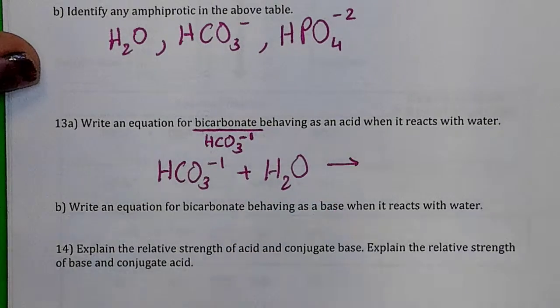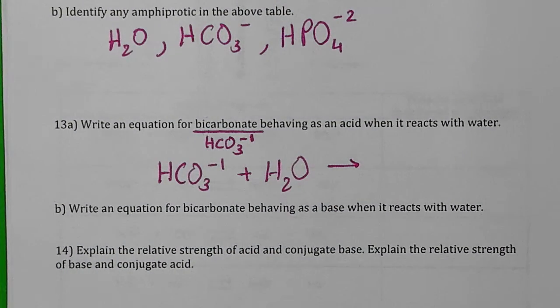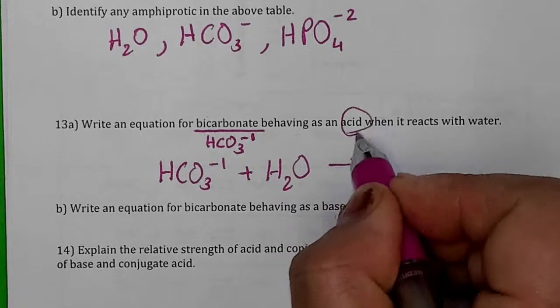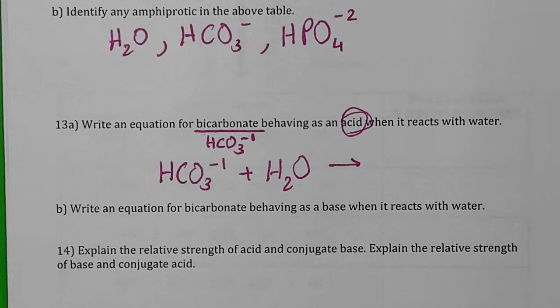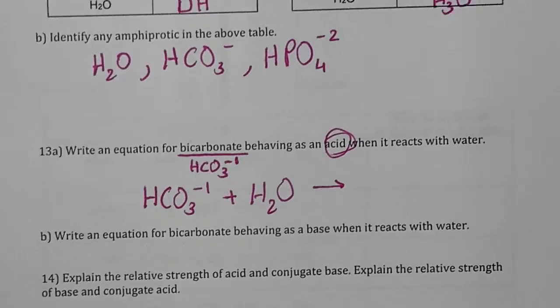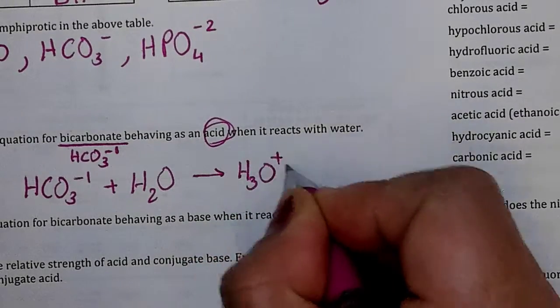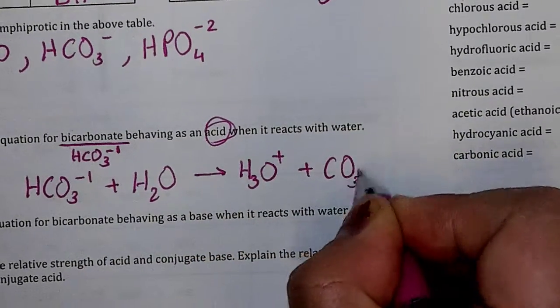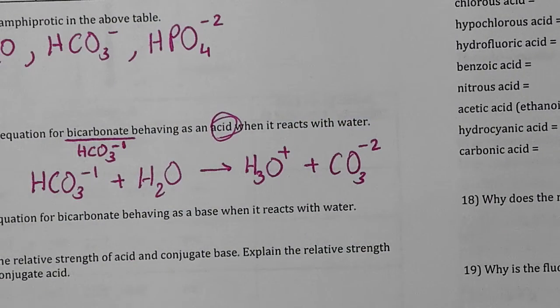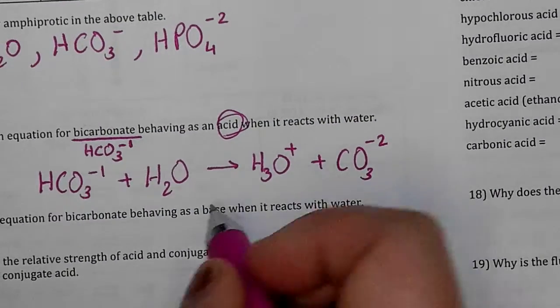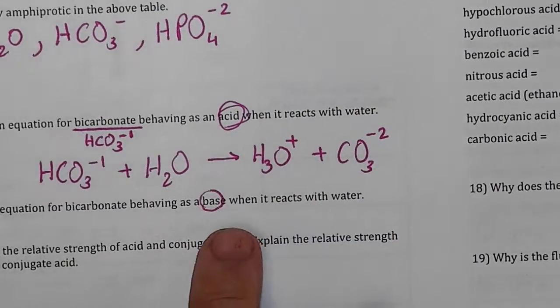How's that gonna look? So remember we said it wants to behave as an acid. How would that look when it's trying to behave as an acid? Right. So you're gonna have H3O plus, and then CO3 2 minus, right? Because it's gonna lose a proton. And now we're gonna do it so that it behaves as a base.